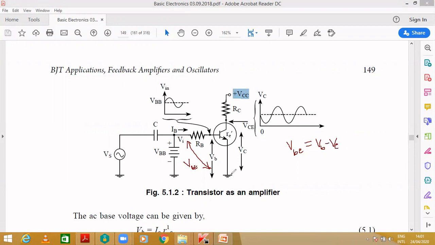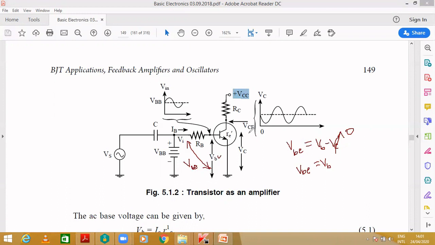Here you can see there is no emitter resistance, hence there is no voltage drop, which means the voltage VE is 0. So then what happens? VBE will be equal to VB. That's why I represented VBE as VB.